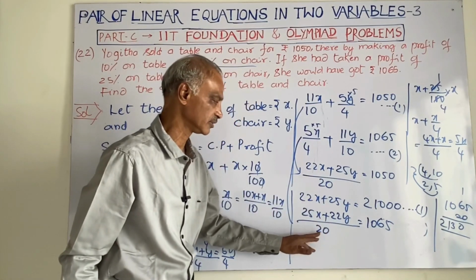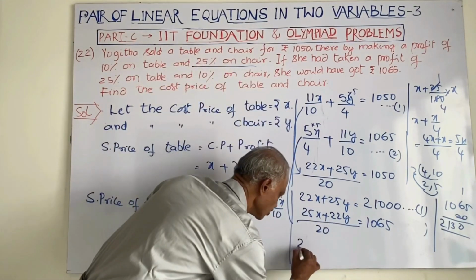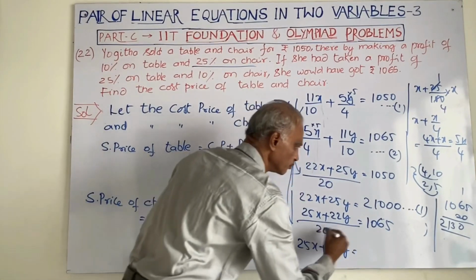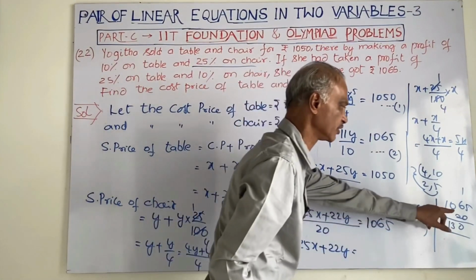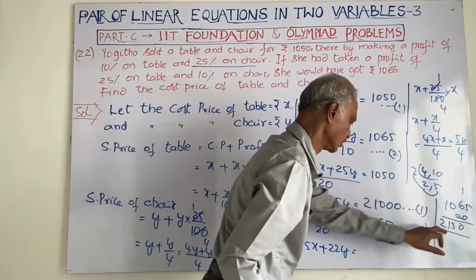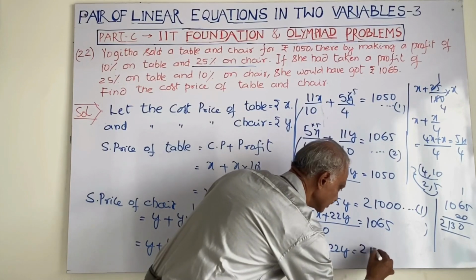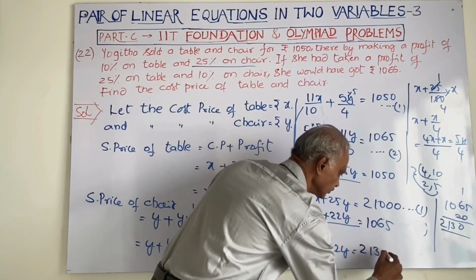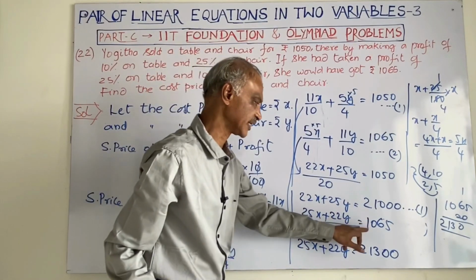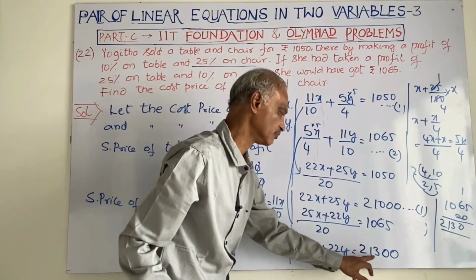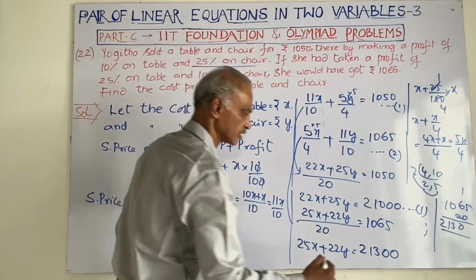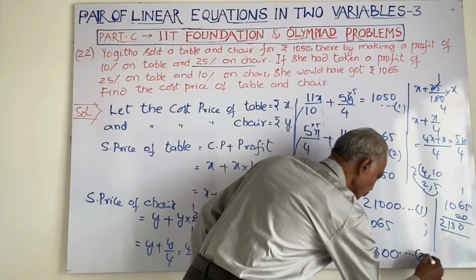You multiply this with this, you will get 25x plus 22y is equal to, if you multiply 10 in 1065 into 20, you will get 213. How many zeros you will get? 2 zeros. Means 2 into 1065, 2130 and 1 0 here. Now this is equation number 2.